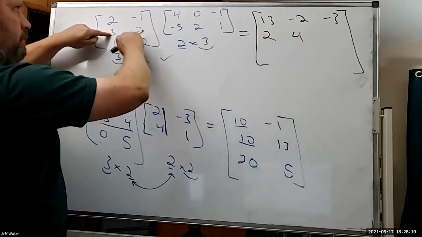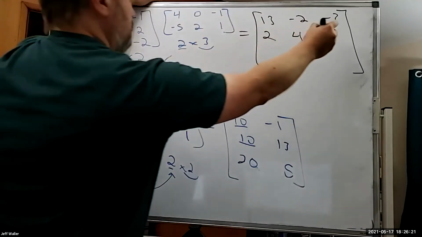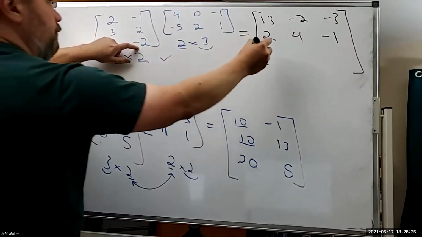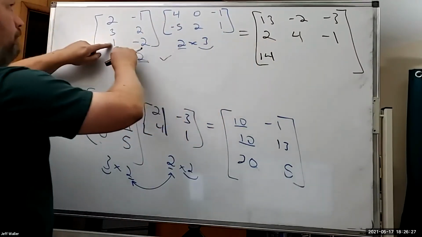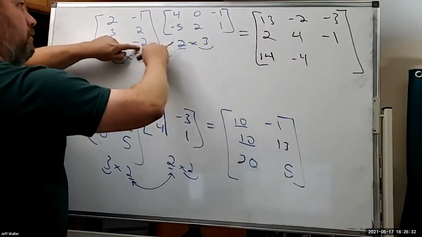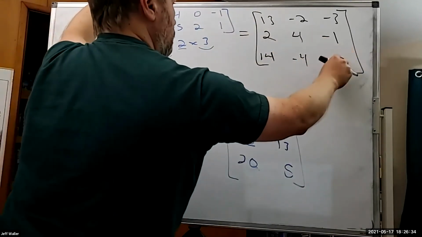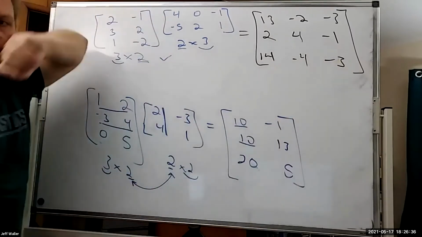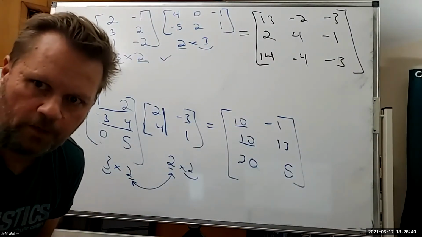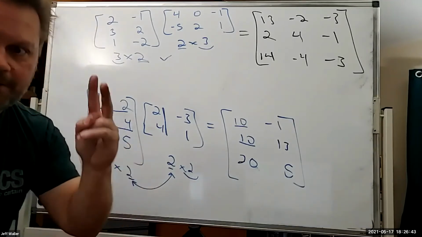This, -3 plus 2 is -1. 4 plus 10 is 14. 0 minus 4 is -4. -1 minus 2 is -3. Woo! Okay, all right. Not difficult, just different.